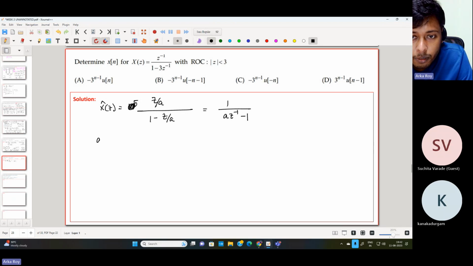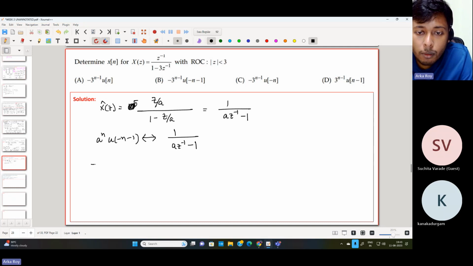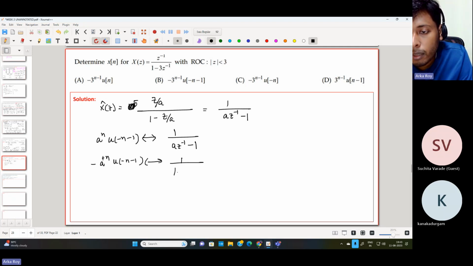That means if a to the power n u[minus n minus 1] is given to you, the z transform will look like 1 over a z to the power minus 1 minus 1. Okay, now if I multiply minus with this minus and minus 1, it will be 1 minus a z inverse.